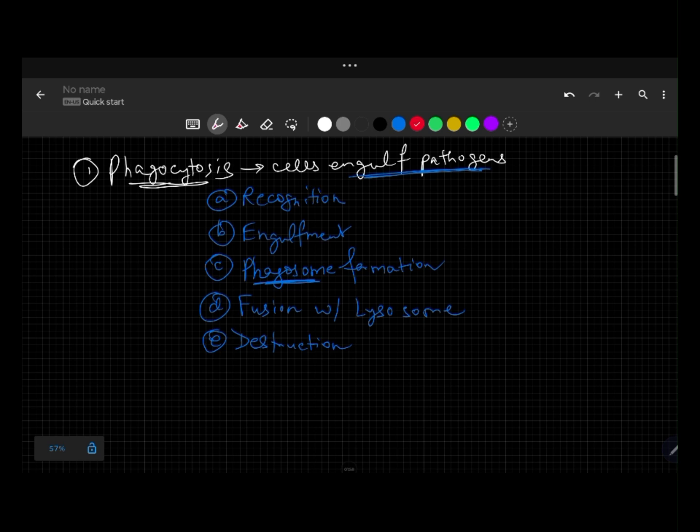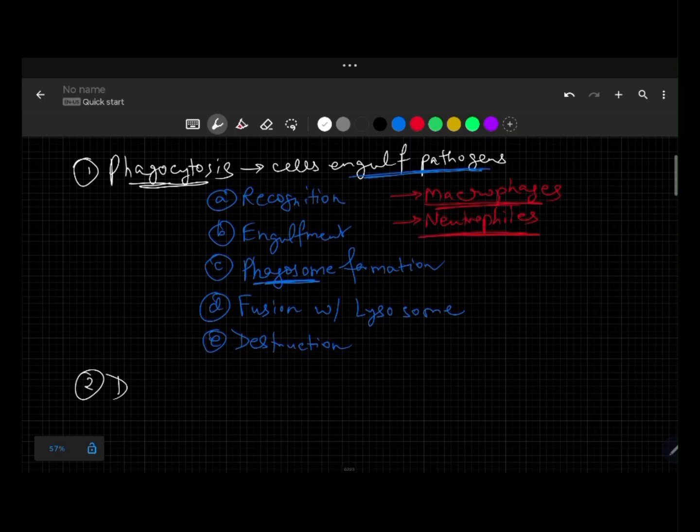The key players in phagocytic cells are macrophages and neutrophils. So these are the important players in phagocytosis.